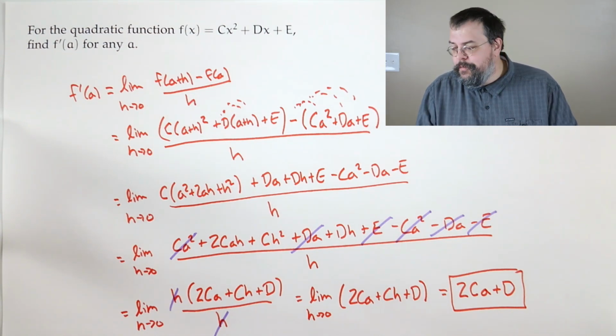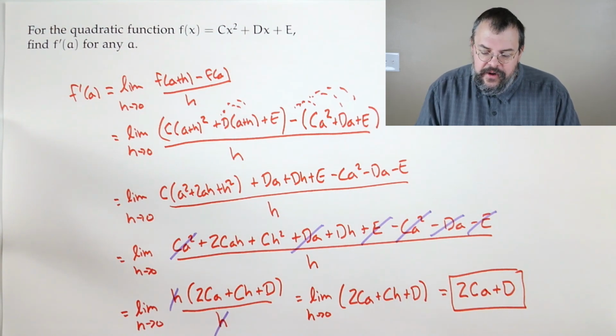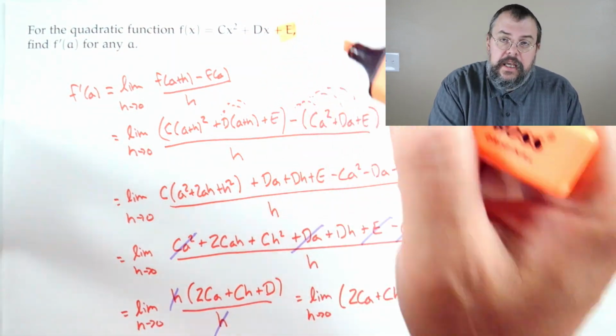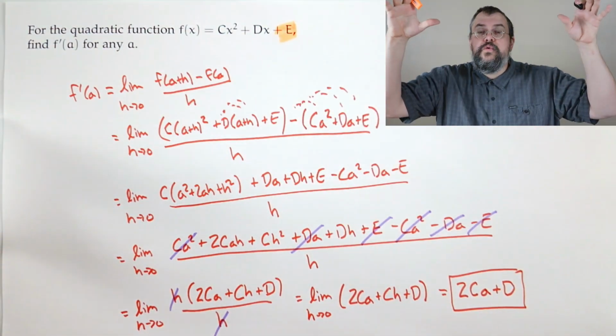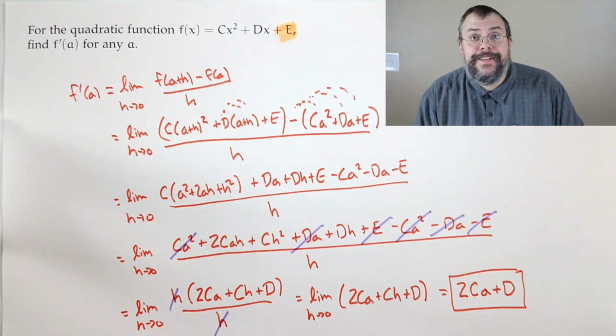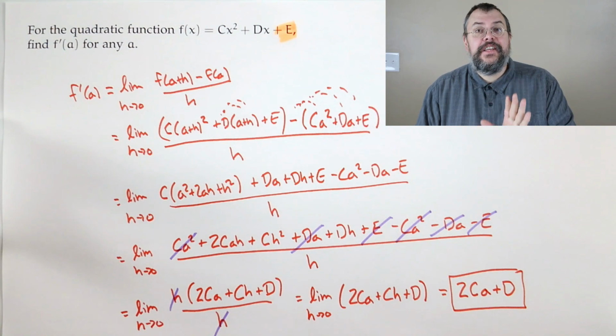Before we leave, I just want to point something out. Notice that the C showed up in the answer, the D showed up in the answer, but the E vanished. Is that reasonable? And why? The answer is it is reasonable.